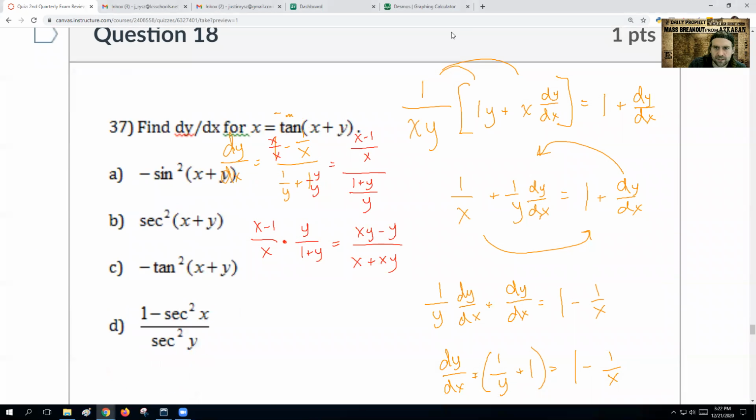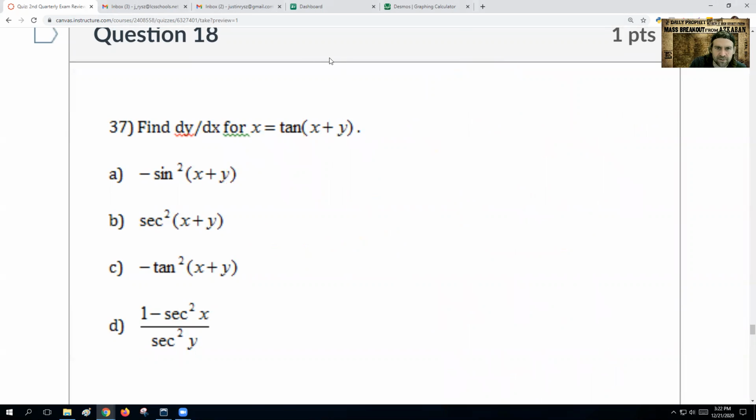All right, next, dy dx here. What happens to the x? It becomes 1. Next, take the derivative of tangent, which is secant squared. Leave the inside part alone. Then we'll multiply by the derivative of the inside, which becomes 1 plus dy dx. If we want to get this by itself, first thing we need to do is divide by the secant squared.